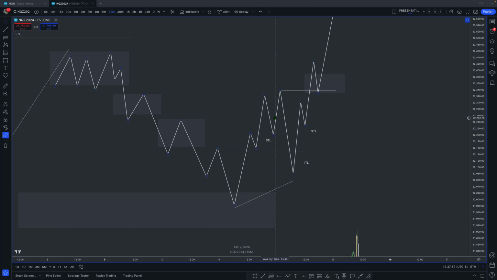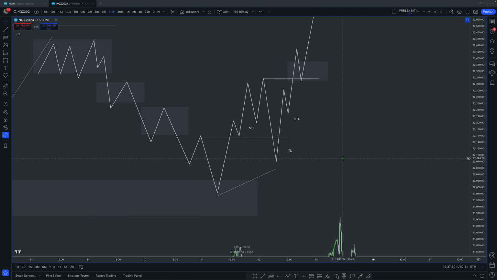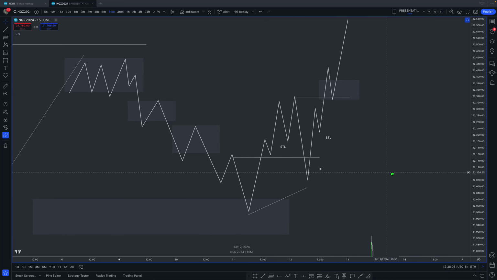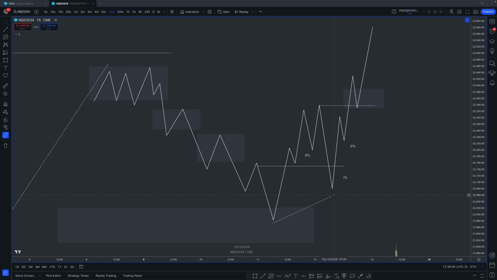One will make a low like this, and then the other asset might make the low all the way over here, while this one's in a different phase of distribution. So it doesn't really matter, as far as I know, what makes the SMT, as long as you recognize the SMT. So it can be like that. And then you're just looking for the first stage.